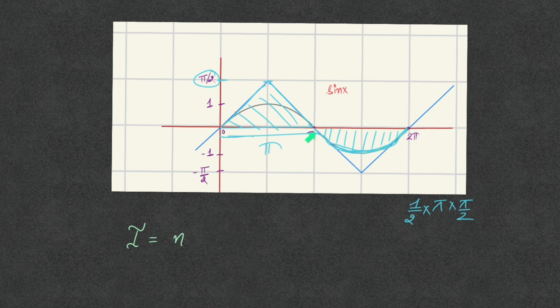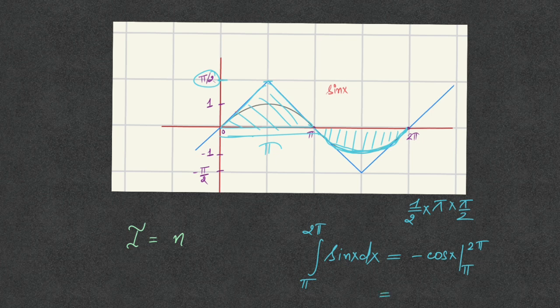So from π to 2π only sin x will give us the maximum value. So if I integrate sin x from π to 2π, on evaluating we get minus cos x, with limits from π to 2π.